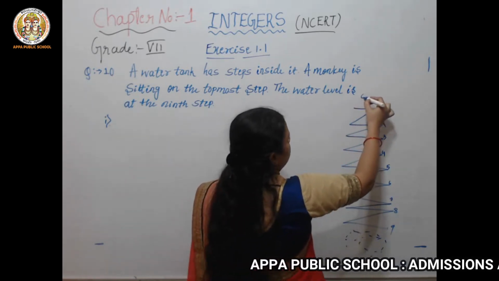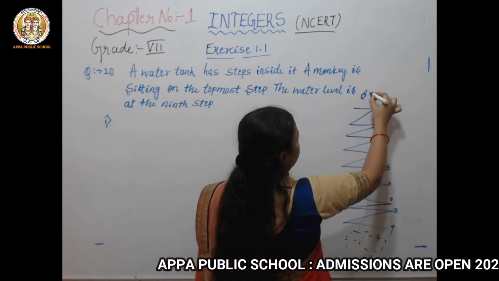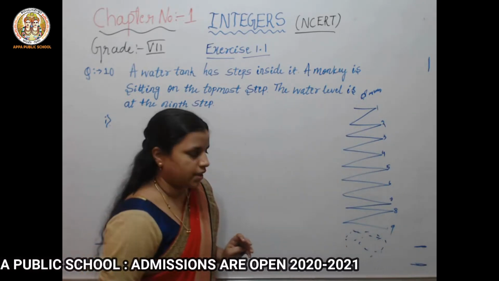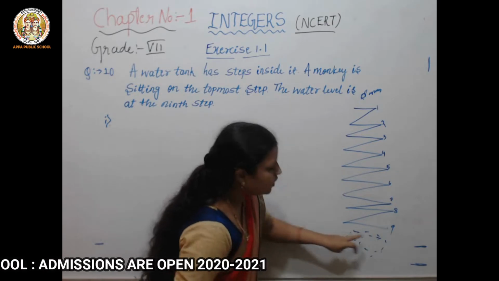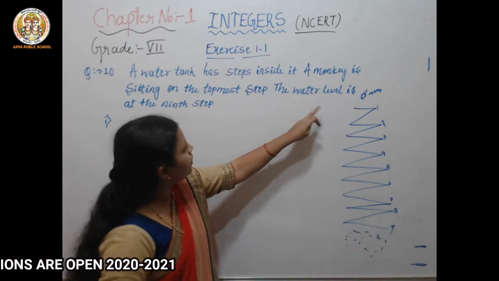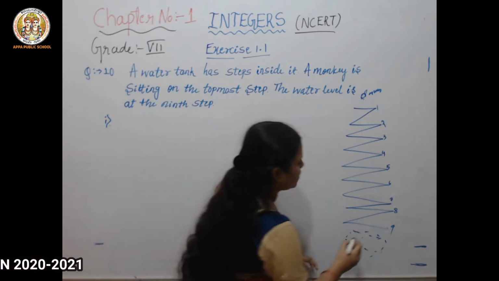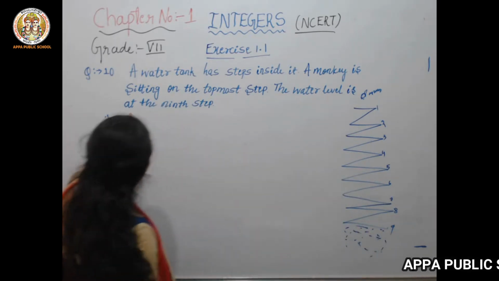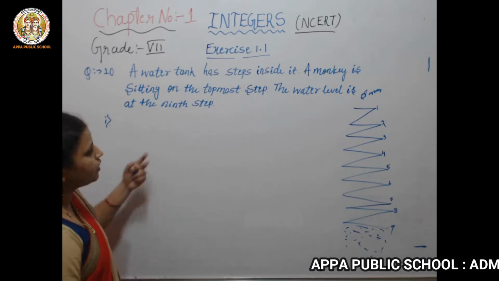The monkey is sitting here, at the topmost step, and the water level is at the 9th step. For this question, we have a sub question.